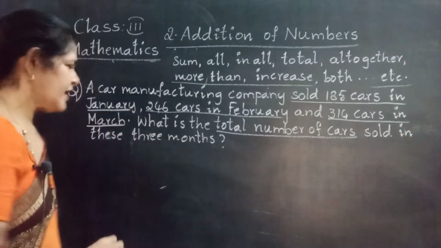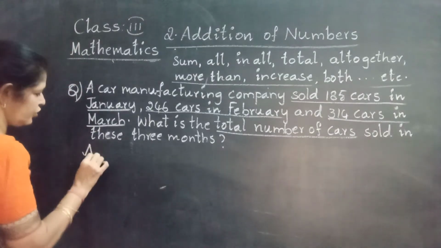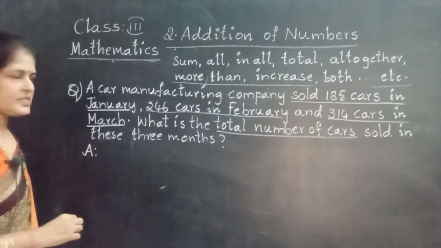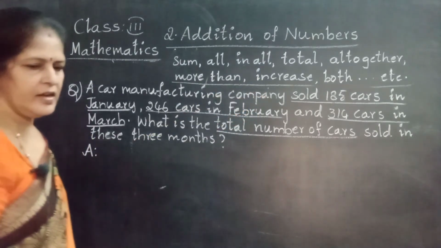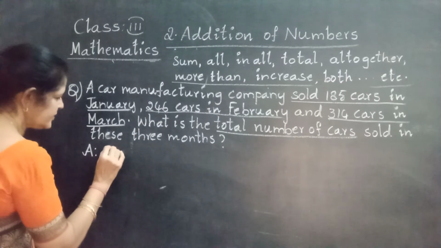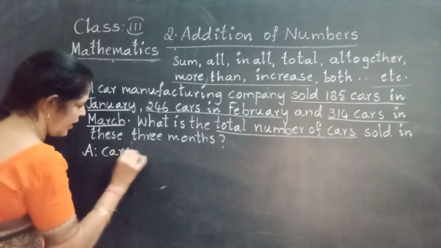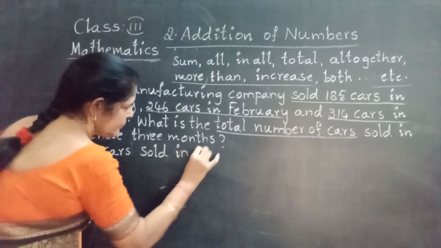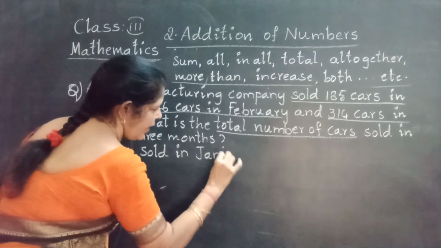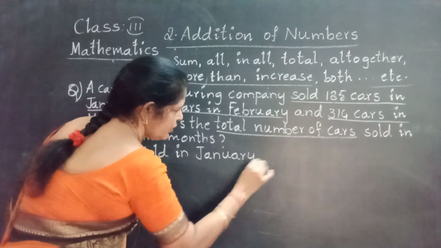Can I write the question? Come on, see how we are going to use the words. First one, 185 cars in January. That means cars sold in January, or number of cars sold in January.